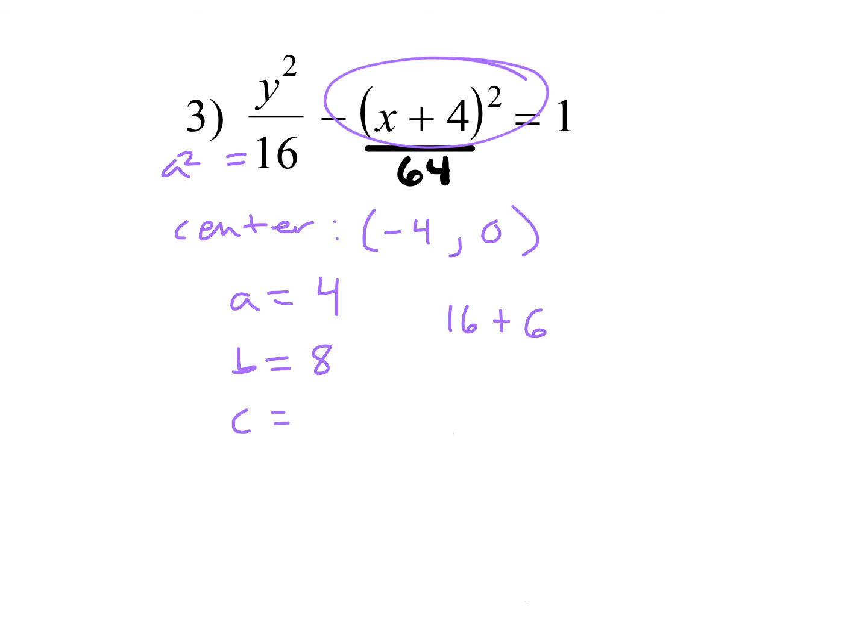So 16 plus 64 is equal to c squared. This would be 80 is equal to c squared. Take the square root. Can I simplify the square root of 80?